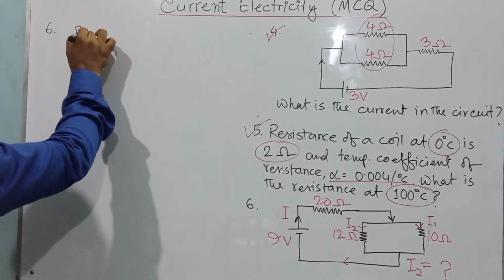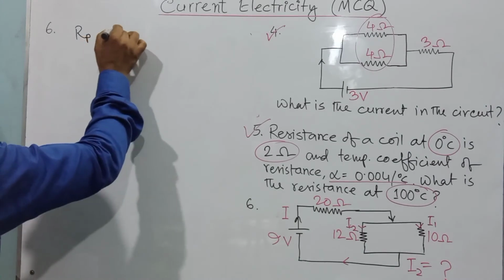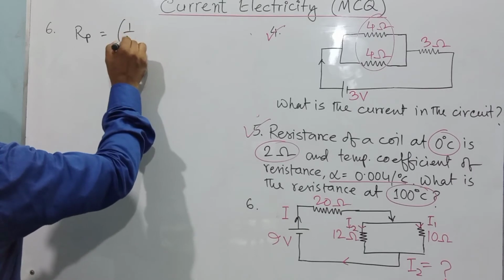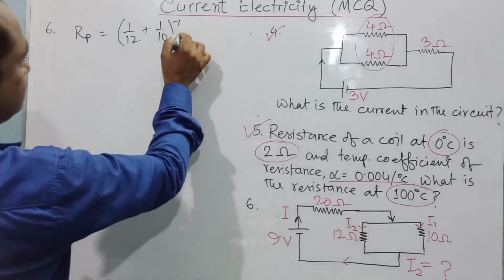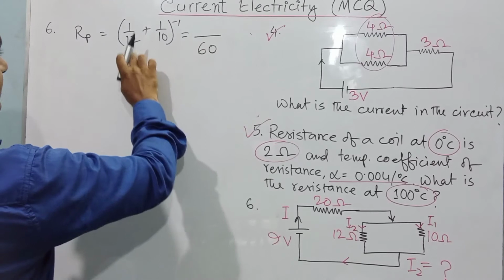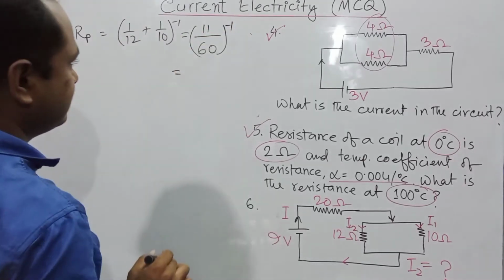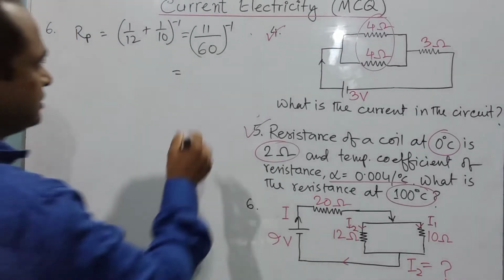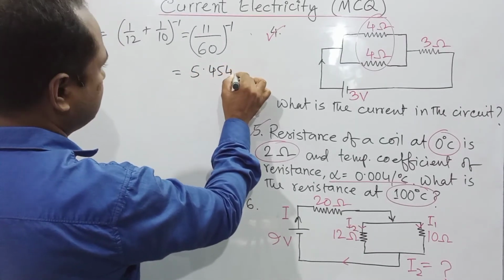If the equivalent resistance of the parallel combination is denoted by Rp, then Rp is equal to (1/12 + 1/10) inverse, which is 60/11, and after the calculation we will get 5.454 ohm.